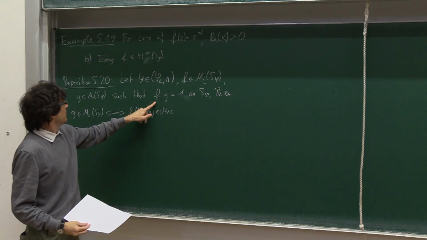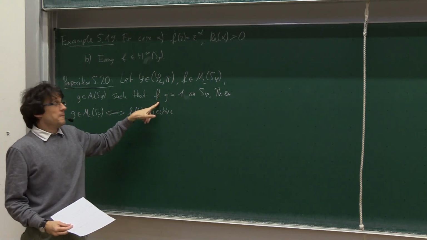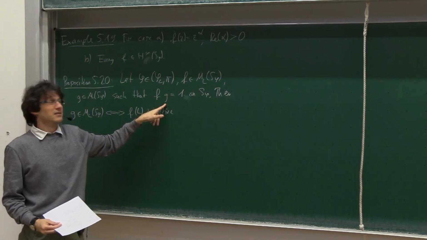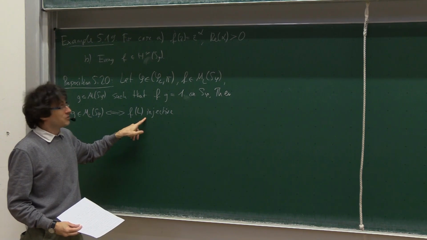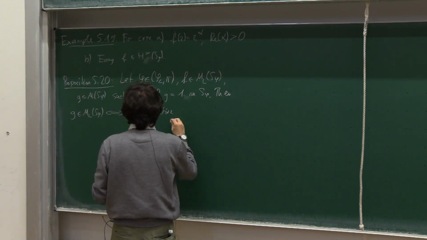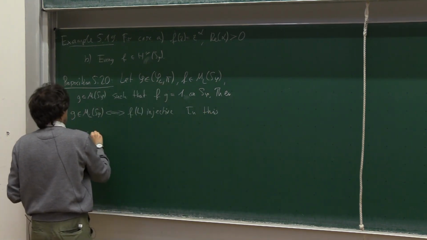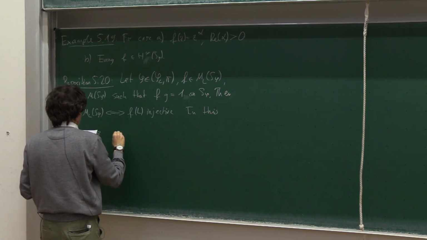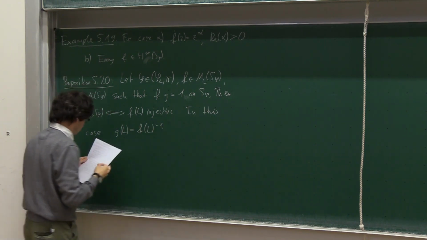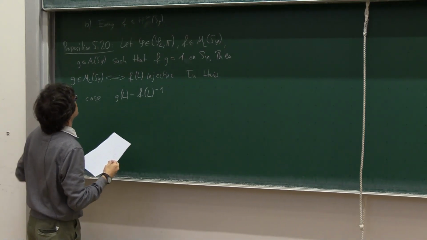Because if f times g is 1 and f of L is defined, one would imagine g of L should be something like the inverse of f of L. And for the inverse to exist, you need injectivity. And it really turns out it's like that. So if you have injective f of L, then g is regularizable, and then you get that g of L is the inverse of f of L.